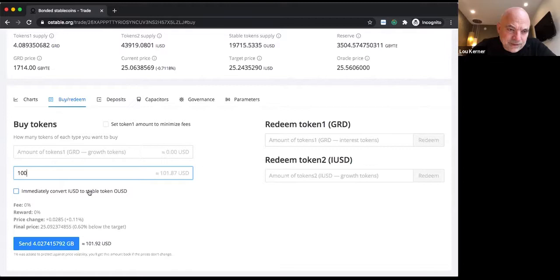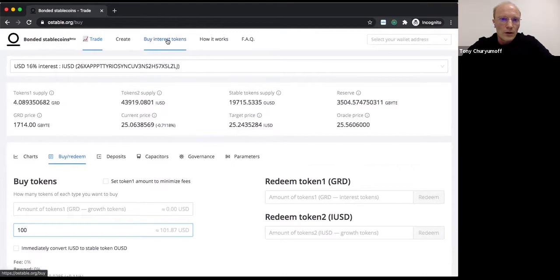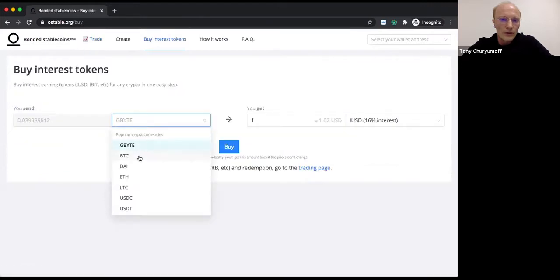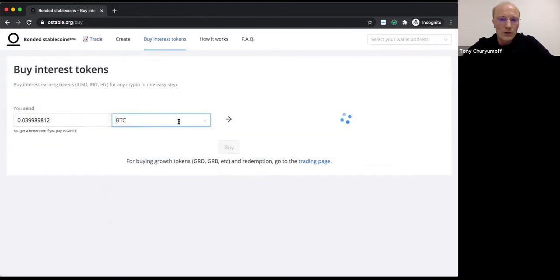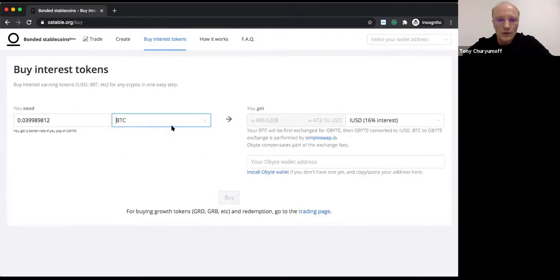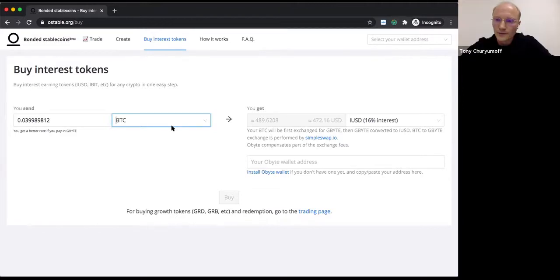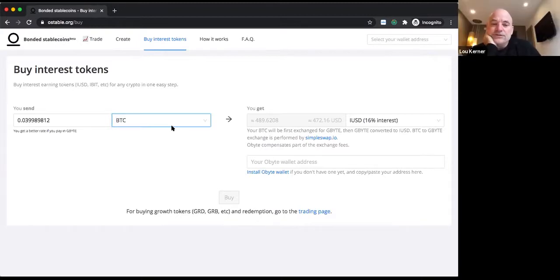You can also buy with other crypto on another page where you can pay with, for example, Bitcoins, and Bitcoins get automatically converted to Gbytes behind the scenes, and then Gbytes are converted to the stablecoins. So basically you can buy with any crypto. Right, so in this instance, you're not using your Bitcoin as collateral, you're selling your Bitcoin and trading it for the stablecoin.